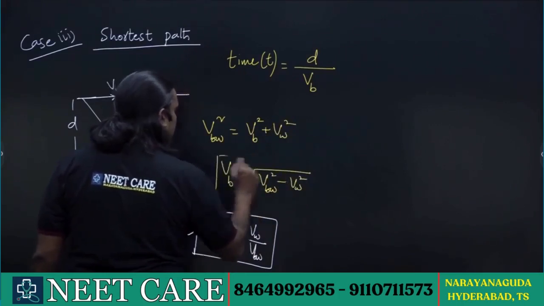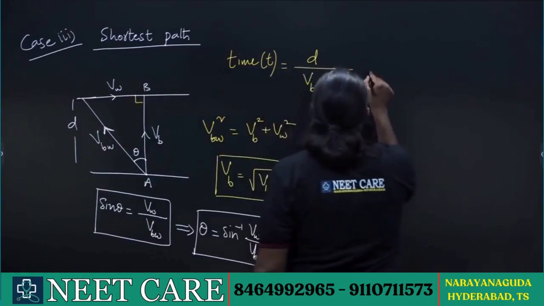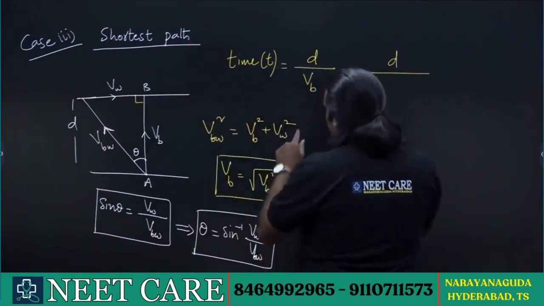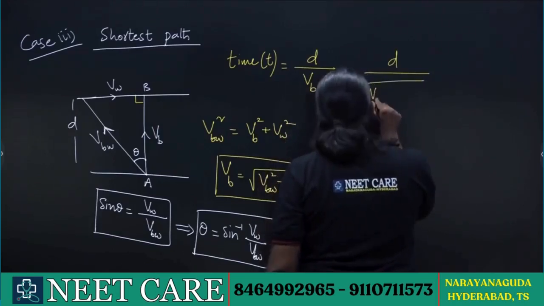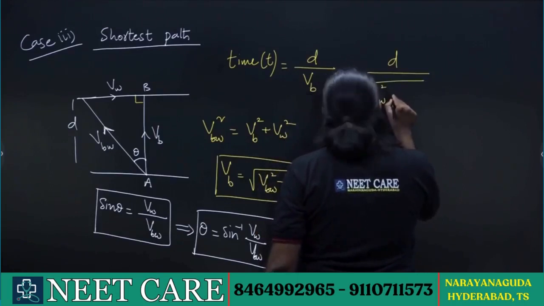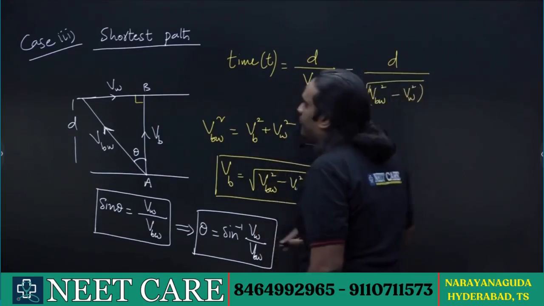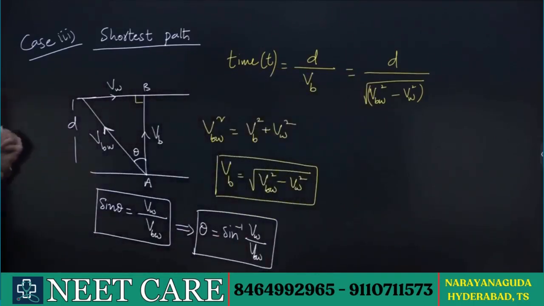Then the time taken by the boat during shortest path can also be written as d by under root of VBW square minus VW square. That's it. Now see, if you understand the general case correctly, the specific cases second and third are simple.